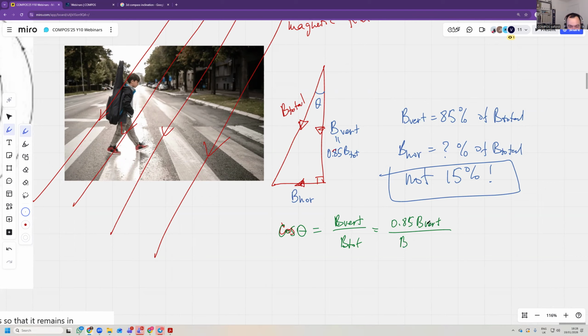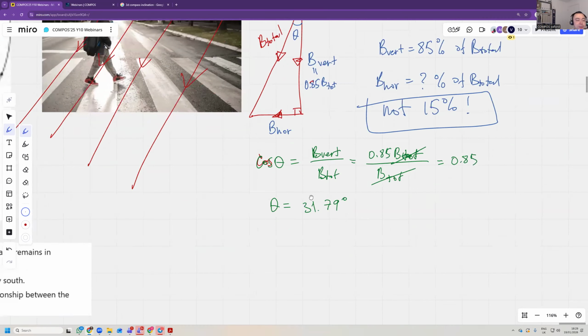So B total cancels out and we get 0.85. So we can work out the angle, theta. Theta is cos inverse of 0.85, which is 31.79 degrees. That's the magnetic inclination.